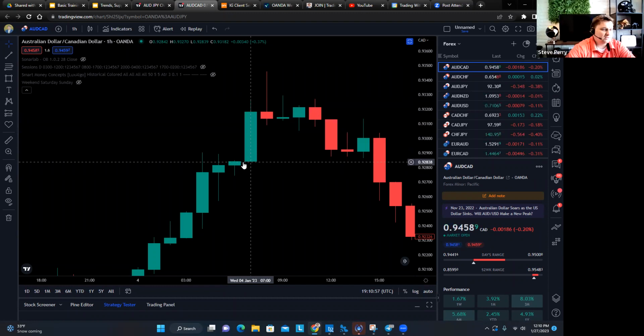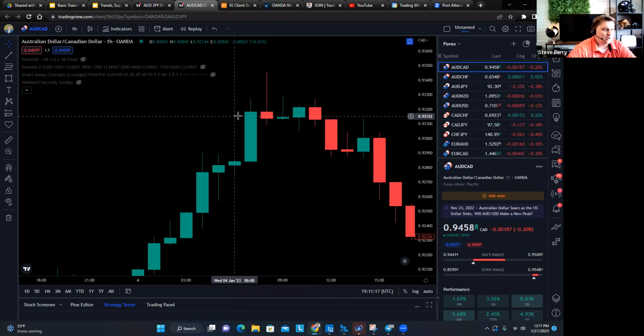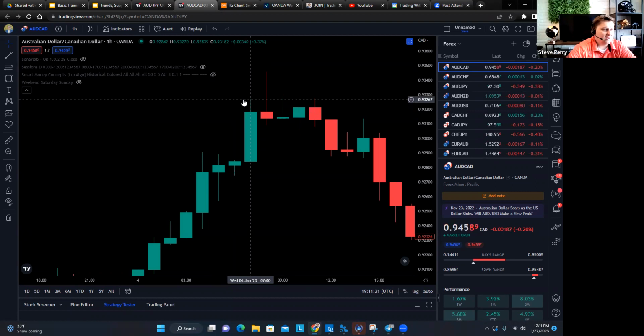What this means is the candlestick opened here at the bottom at the beginning of this hour on January 4th at 7 a.m. GMT. And during that hour, this market expanded to the upside. It went up, or bullish. At one point during the hour, we don't know exactly at what point, it reached a high of up to here where that wick is.